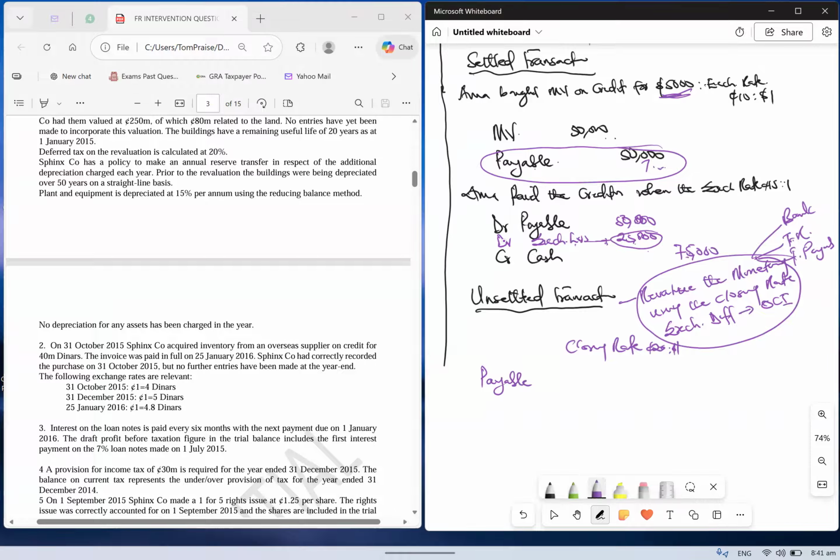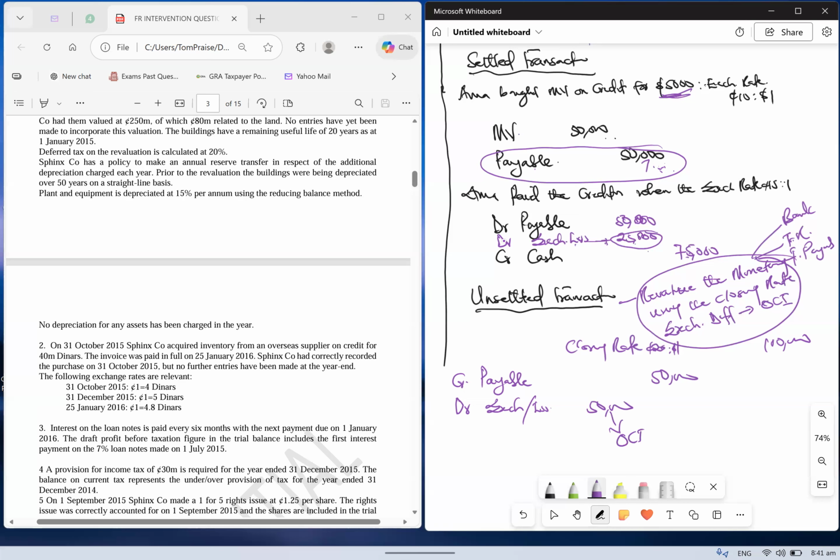Because I'm revaluing it, credit, and the debit will be my exchange gain or loss, which will go to the OCI. How much should I add? 50,000. So you add 50,000. The corresponding debit is 50,000. This one will go to your OCI because you have not paid yet.